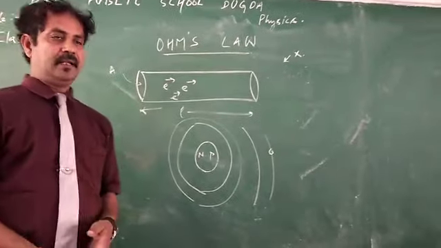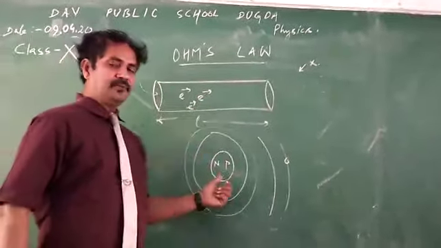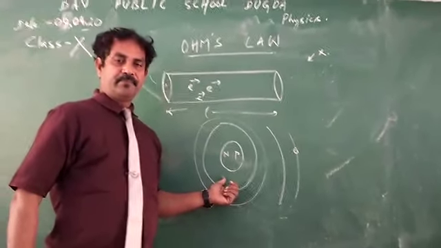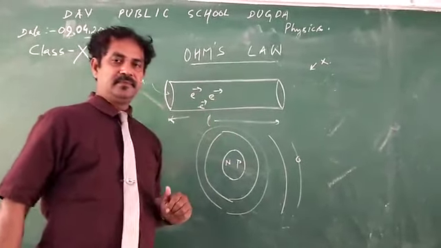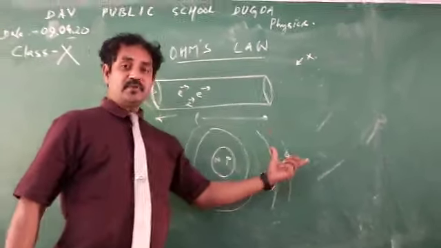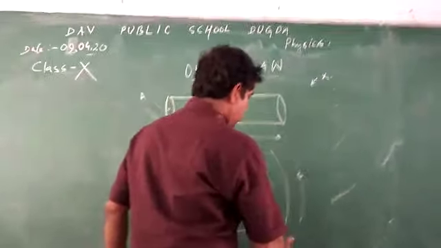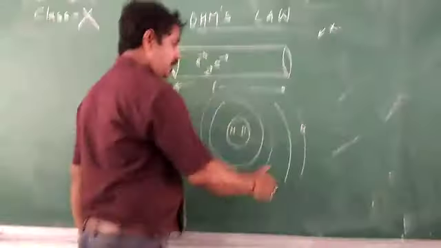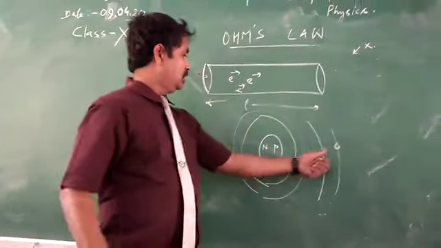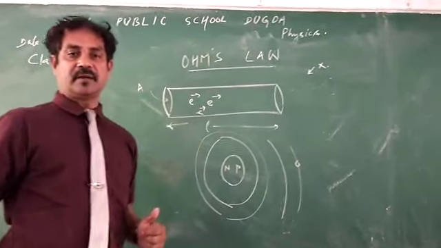Again, this is a conductor. There are millions of atoms. Suppose this is copper. So there are millions of atoms of copper, but the electrons of the outermost orbit of the copper are not bound to the atom of the copper.